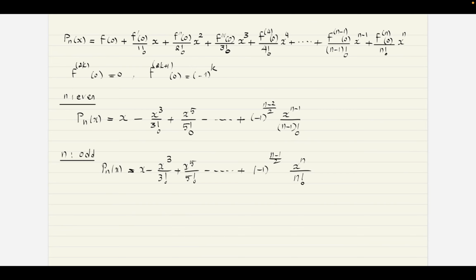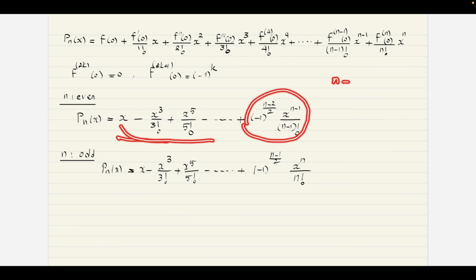So depending on if n is even or odd, this will be my nth order Maclaurin polynomial of the function sine x. But the problem also demands to write the fourth order Maclaurin polynomial for sine x explicitly. So this means that I have to use this formula, because when I say n is 4, it means it is even. So I have to start from x and continue this pattern until I hit the last term.